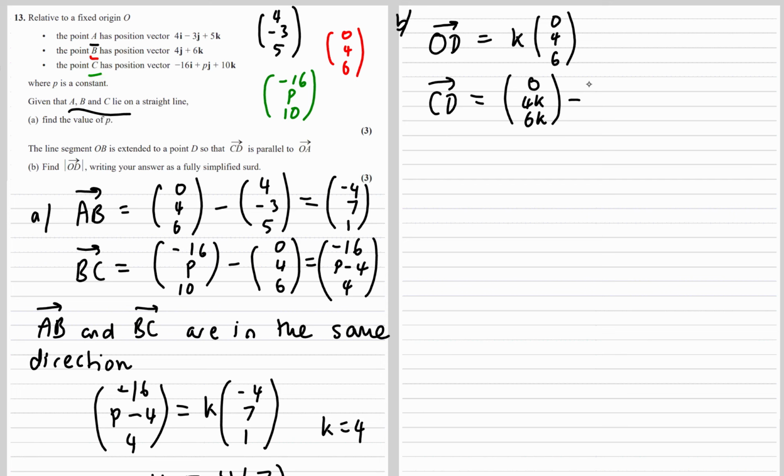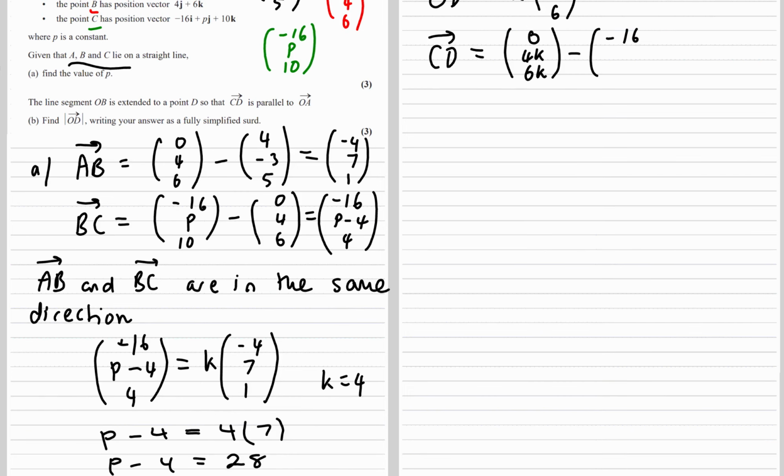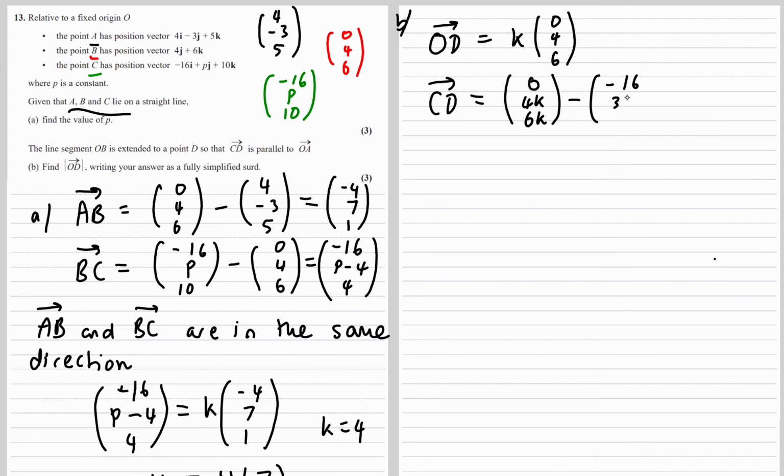Take away C, which is negative 16, and what was p? p was 32, 10. So C to D is 16, 4k minus 32 and 6k minus 10.